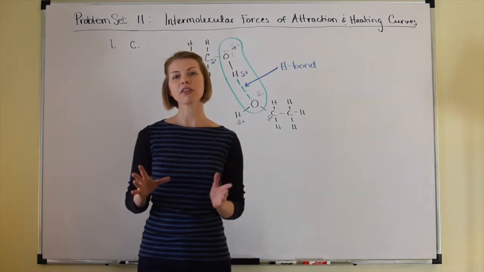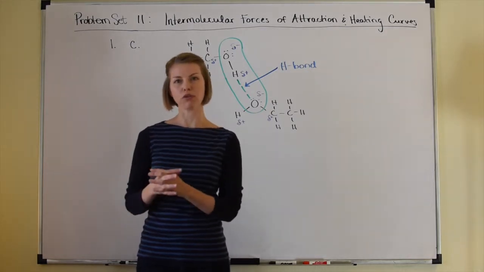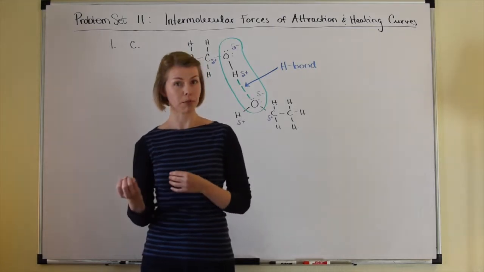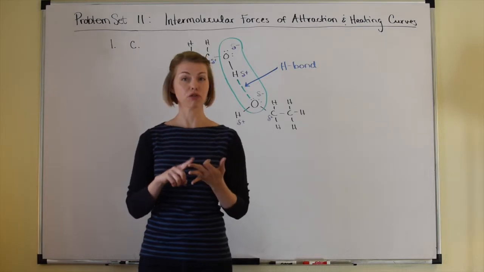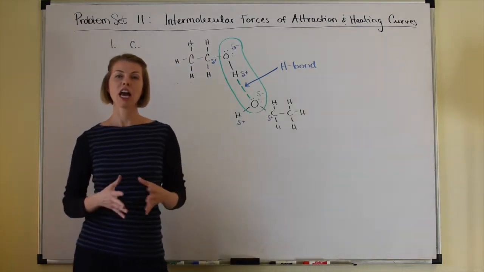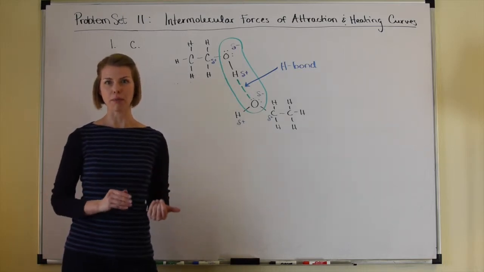It's just that the ethanol has a special type of dipolar force known as the hydrogen bond, where that hydrogen is extremely partial positive in charge, and those electronegative oxygen, nitrogen, or fluorine are extremely partial negative in charge. And so that hydrogen bond is the extreme case of the dipole-dipole force.